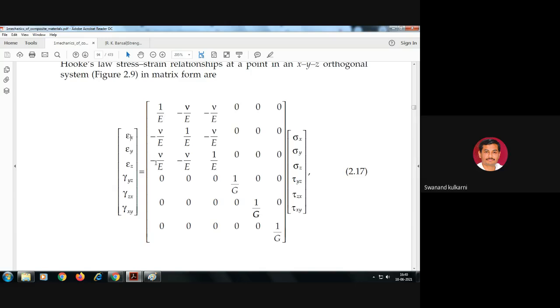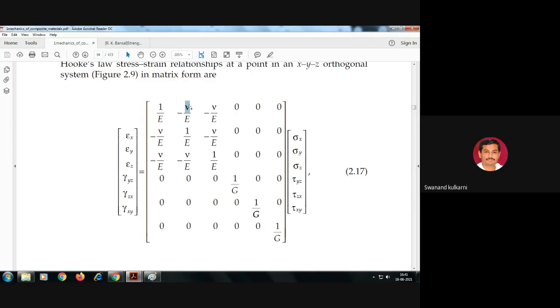Now with this multiplication, what is going to happen here? For epsilon x, we get sigma x upon capital E minus mu into sigma y upon capital E minus mu into sigma z upon capital E. Here mu is like Poisson's ratio.